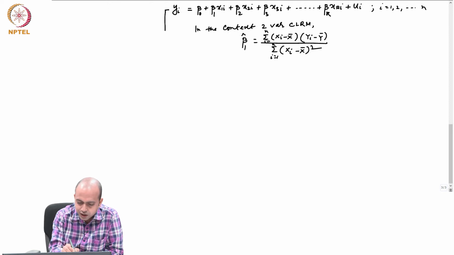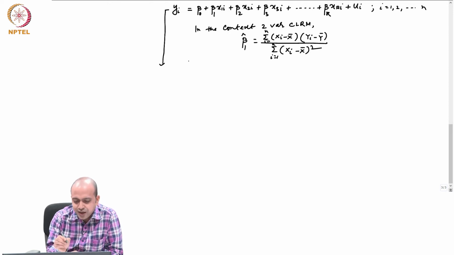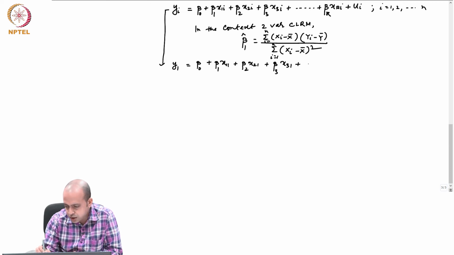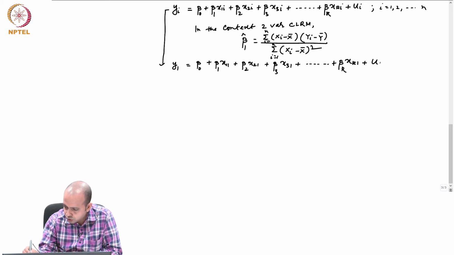How does it look? Let us substitute i for 1, then we get y1 equals beta 0 plus beta 1 x11 plus beta 2 x21 plus beta 3 x31 plus beta k xk1 plus u1.